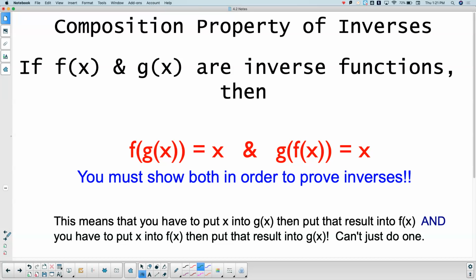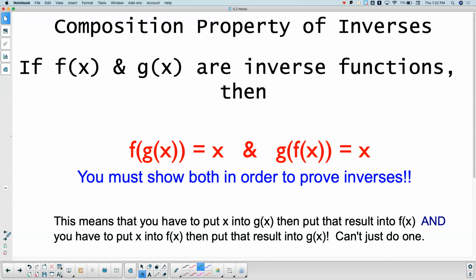So if f and g are inverse functions, then f of g of x would equal x, and g of f of x would equal x.